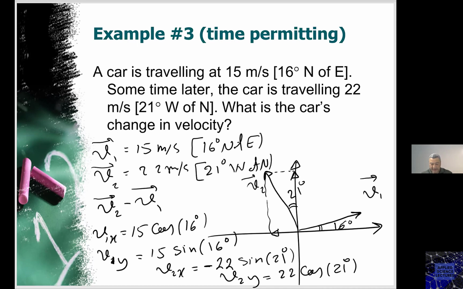So let's calculate. What is V1x? Cosine 16 times 15, 14.4. What is V1y? Sine 16 times 15, 4.13.